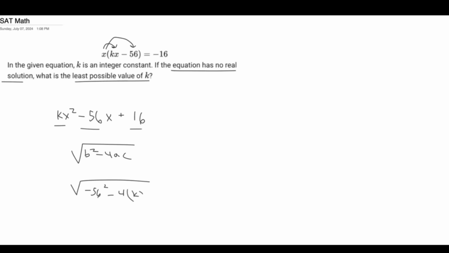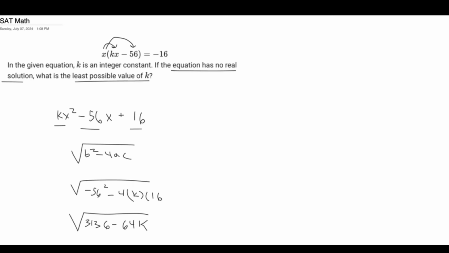So we don't actually know what that is, but we know our c value is 16. Now we have everything out here. So negative 56 squared is going to give us 3,136. And this will be equivalent to, we do 4 times 16, so negative 64k, right? So this is our discriminant right now.